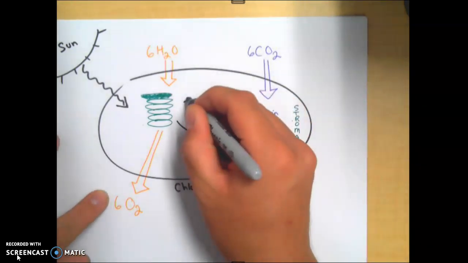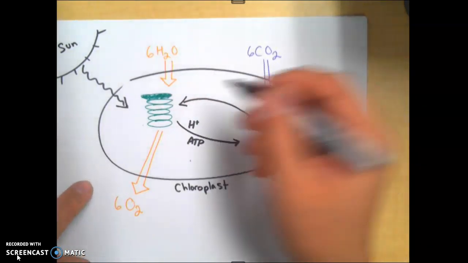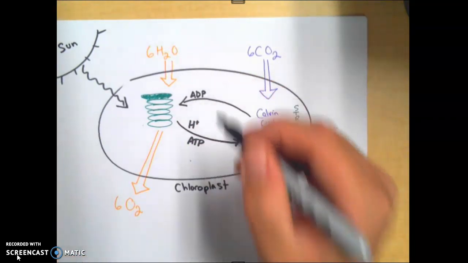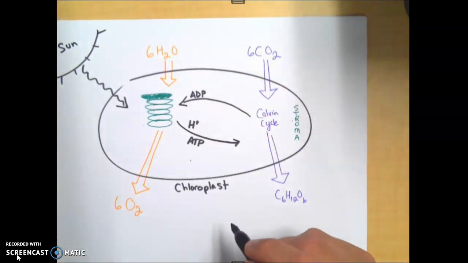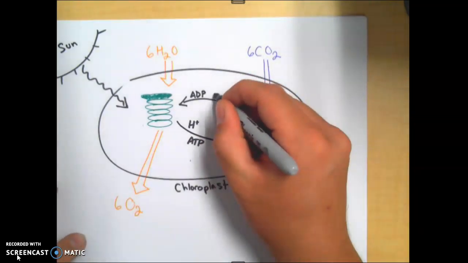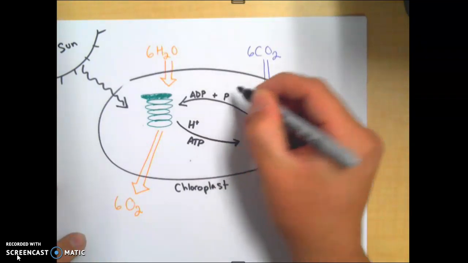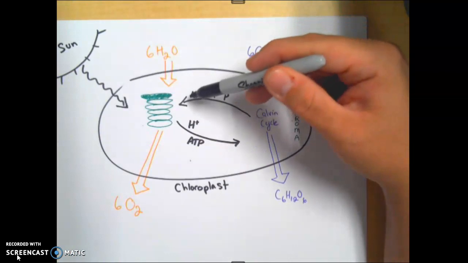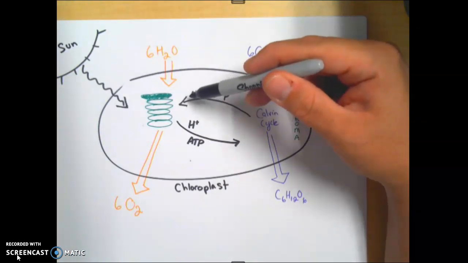What's going to happen in the end is we are going to return back over here something called ADP, which is adenosine diphosphate, so there's only two phosphate molecules connected to it, but also that phosphate that we broke off before is going to be released back over to the grana.